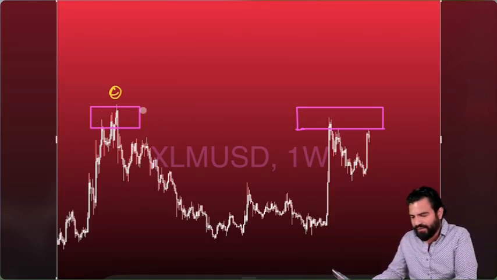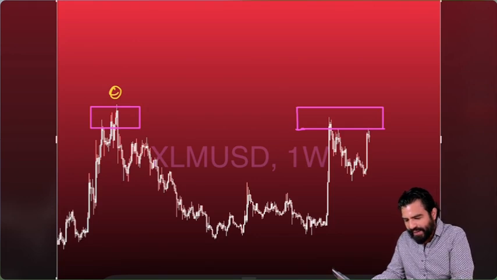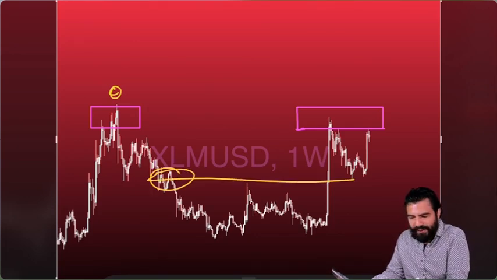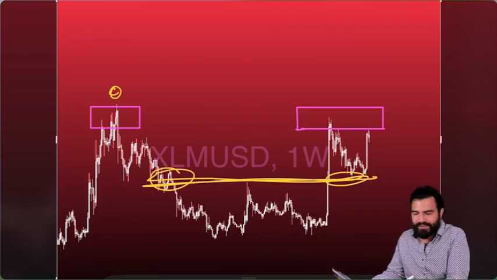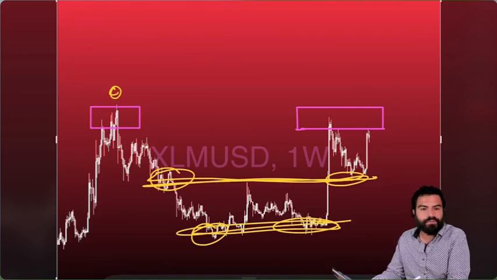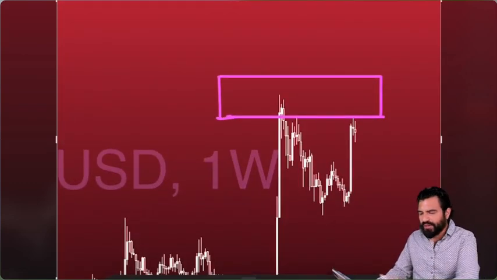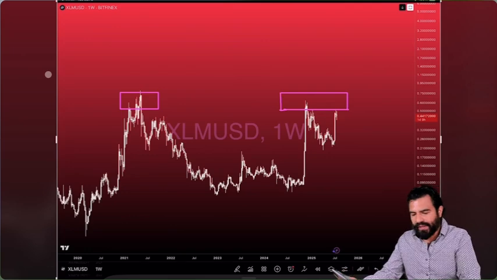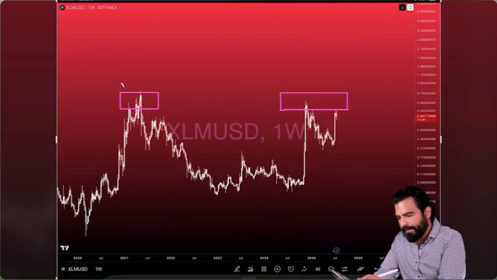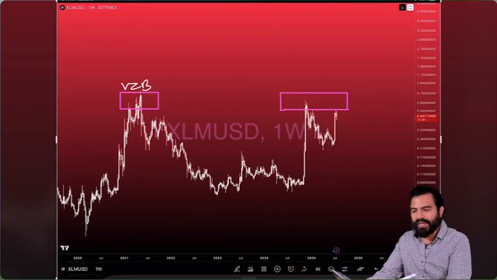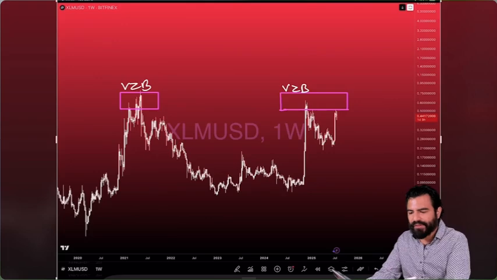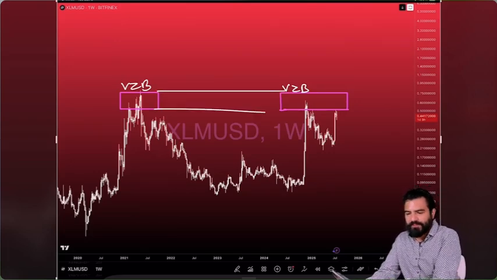If I was reading the volume in maybe this area right here, I'd want to read it horizontally like this. Or if I was reading it here at the bottom, I would read it like that. Since health has come into this crypto, we're going to read this in these areas here. VZB, volume zone block. You can stretch it out, but we're going to basically read it like that.